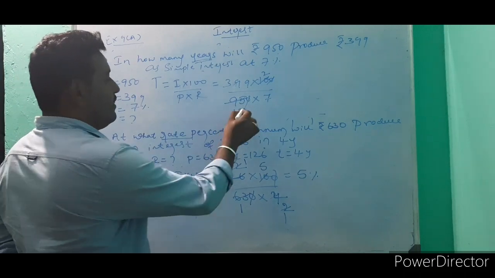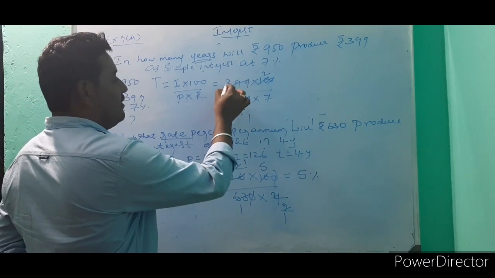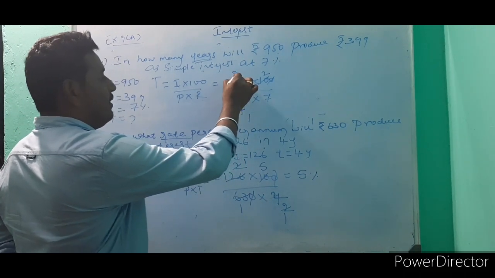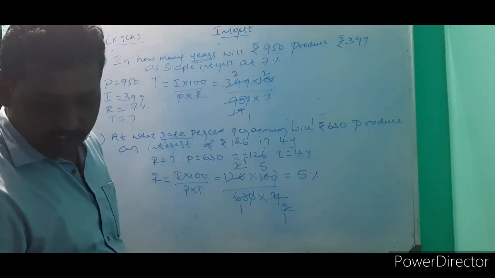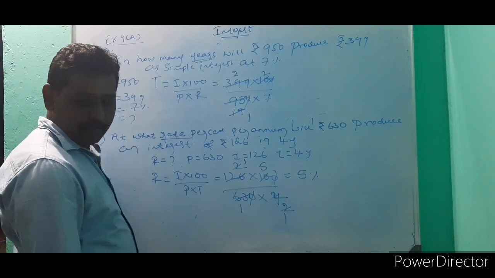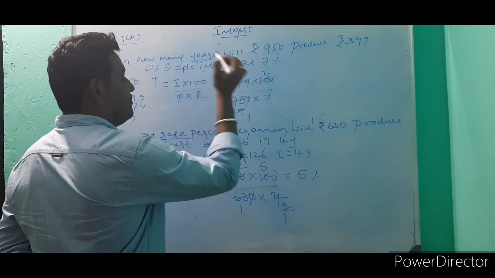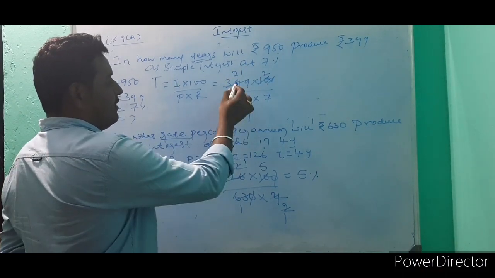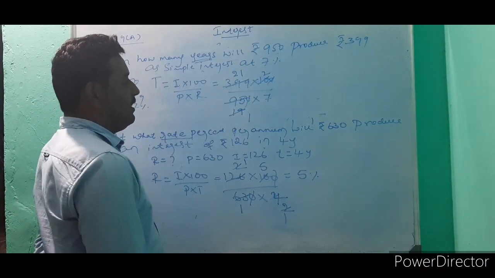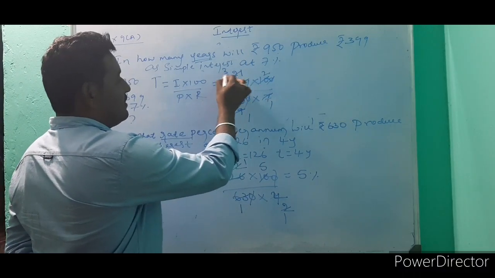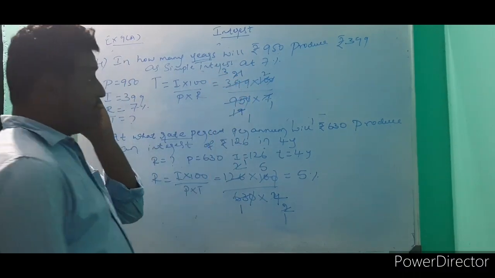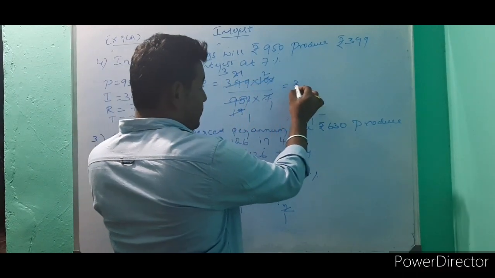Here you can cancel 19 ones are 19. How many times does it cancel? 20 ones are 20, 21 times. 19 ones are 19, 21 times are 399. 7 ones are 7, 7 threes are 21. What is remaining here? 3 into 2.